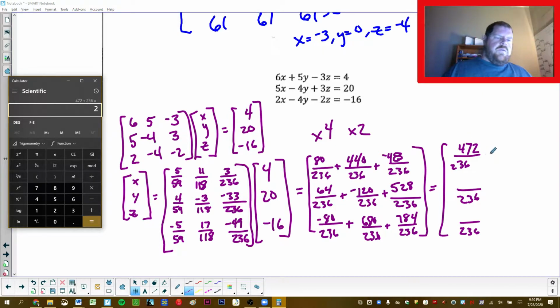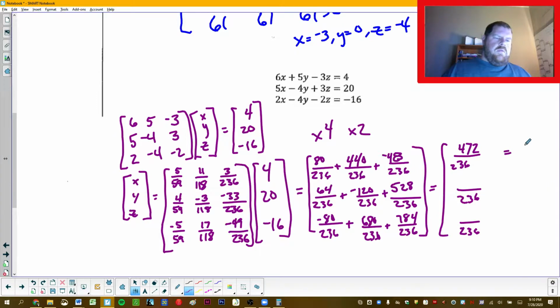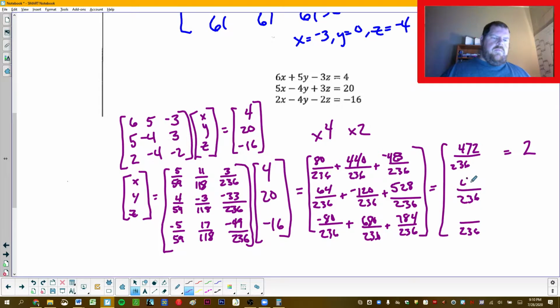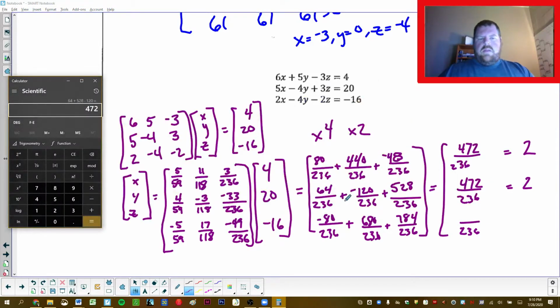So that's 2. Then I have 64 plus 528 minus 120, 472 again. And then 680 plus 784 minus 80. 1384.